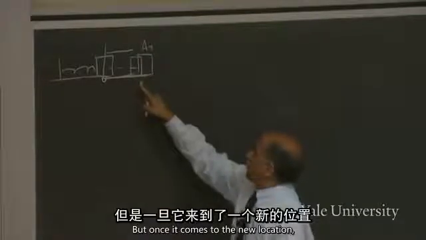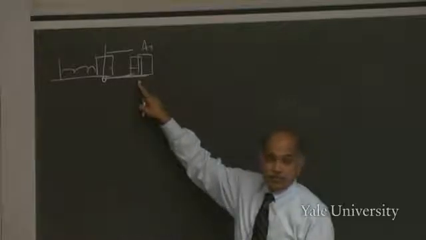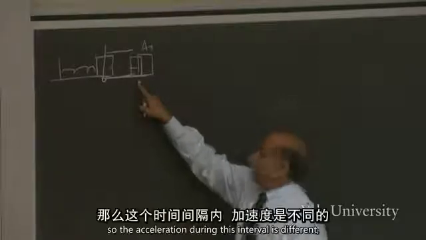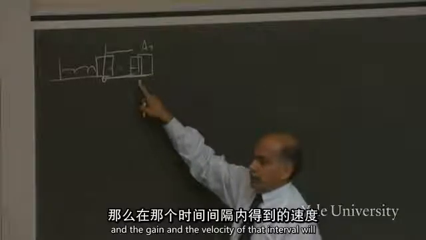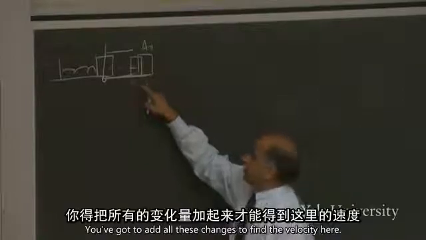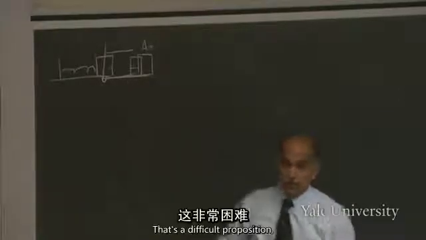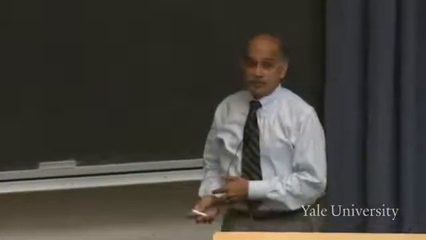But once it comes to the new location, a little later, a different force is acting on it because the x is now different. So the acceleration during this interval is different, and the gain in velocity in that interval will be different from that in the first interval. You got to add all these changes to find the velocity here. That's a difficult proposition. But with the law of conservation of energy, you do that in 1 second.